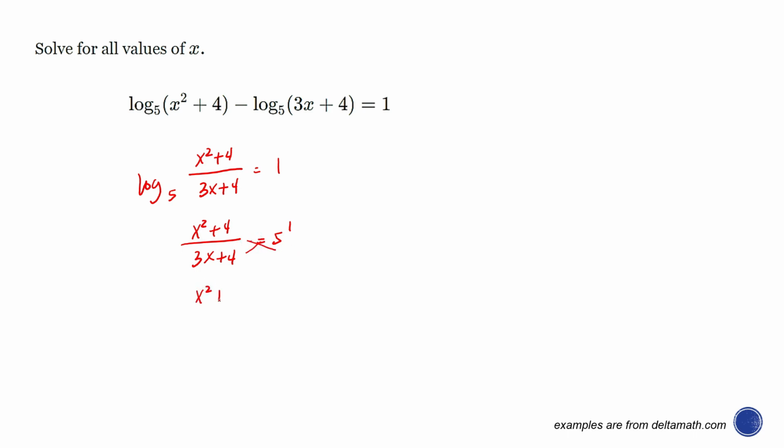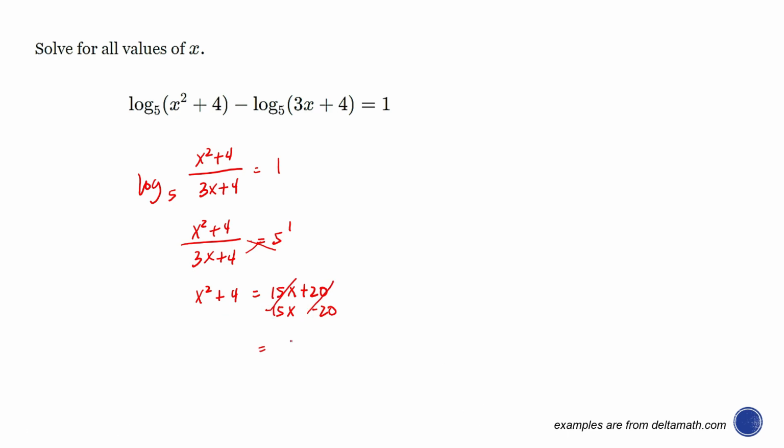So x squared plus 4 equals 5 times 3x, which is 15x, and 5 times 4 equals positive 20. And then I'm going to move everything to the left side. So minus 15x minus 20.